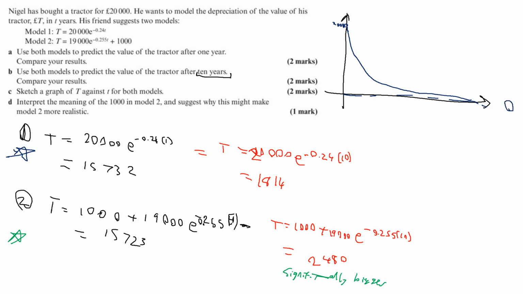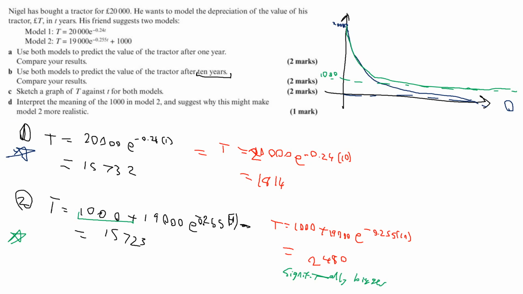Yeah? For the second one, however, it's going to go down ever so slightly, but then it's going to level off. Why? Because it's asymptotal at 1,000. Yeah? You see that? Because that's what this plus 1,000 means.